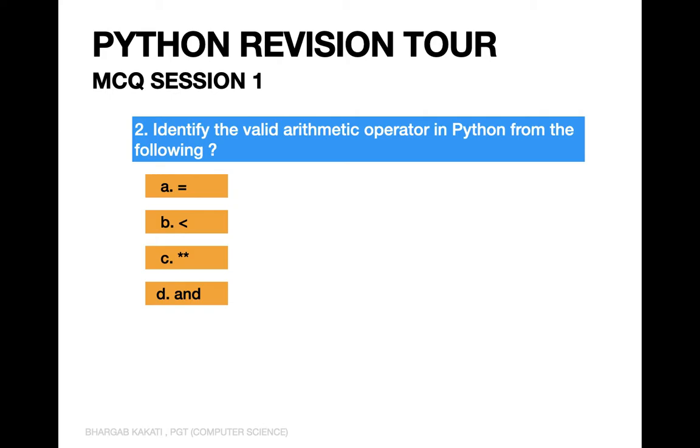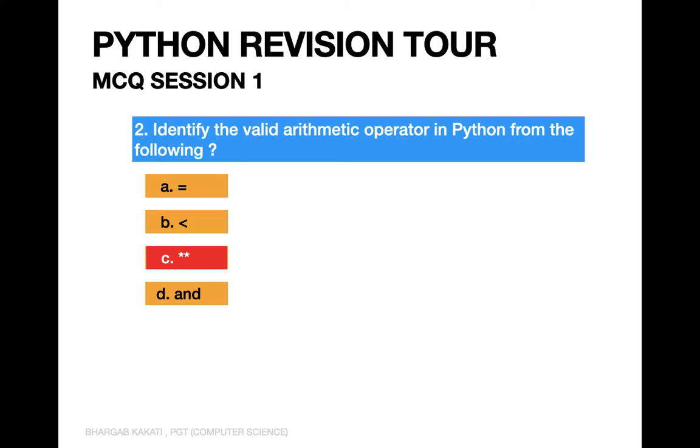As you already know from Class 11 Python topics, there are different types of operators, and certain operators are arithmetic operators. Which operator is an arithmetic operator? The correct option is option C, the exponentiation operator.